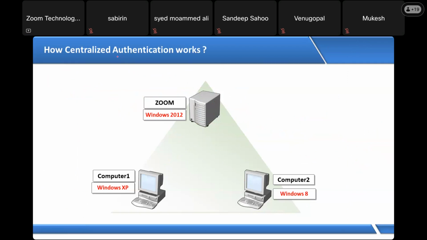So now here, which model are we working on, the workgroup model or the domain model? In the domain model, where will the authentication of username and password be checked?